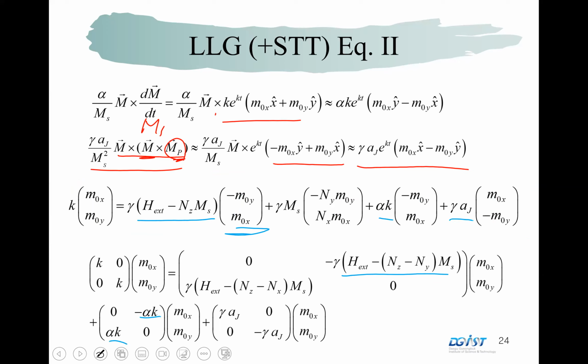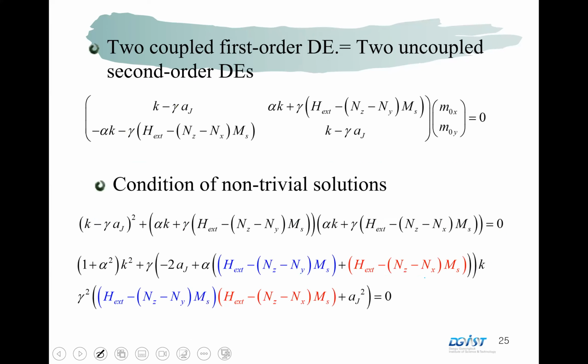And this one has 0x, 0y, so it has a diagonal element. And all these are the same. So we can write all together the diagonal term and the off-diagonal element term. So once we collect, we obtain such a matrix equation.